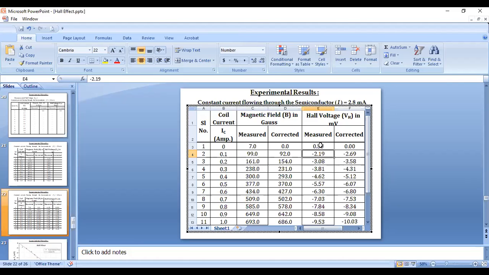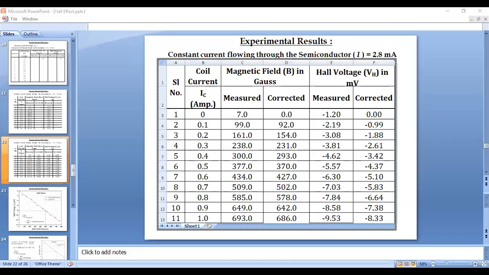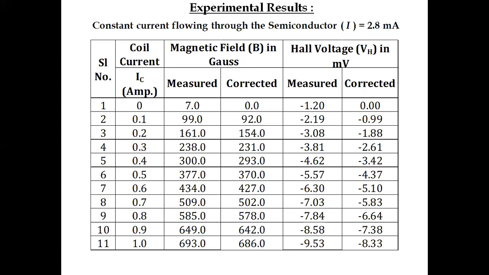If you get the initial value as, say, minus 1.2, then you will subtract minus 1.2 from all the values. That means the first one is minus 1.2 minus minus 1.2, 0. That means you are adding 1.2 to all the values.